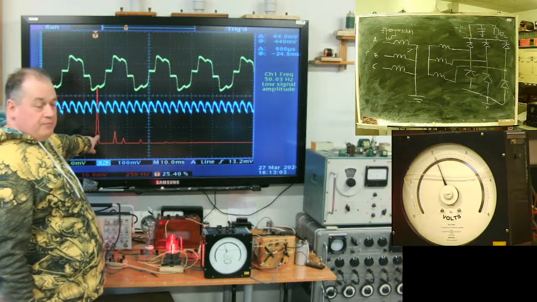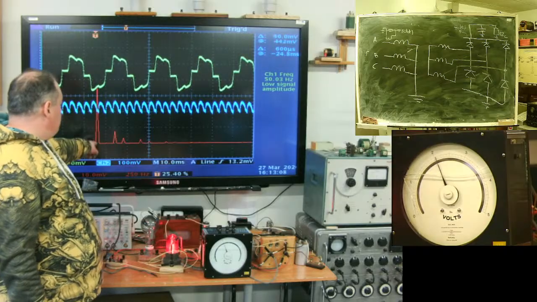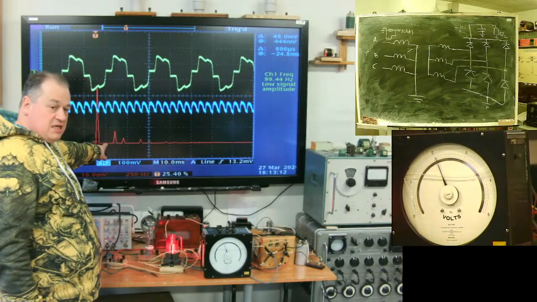Here, spectrum of A-phase current. What do we see? 50 Hz? Yeah? And something missing.